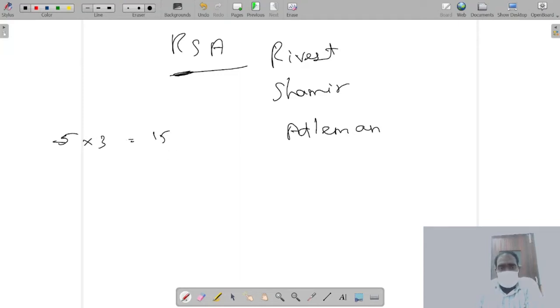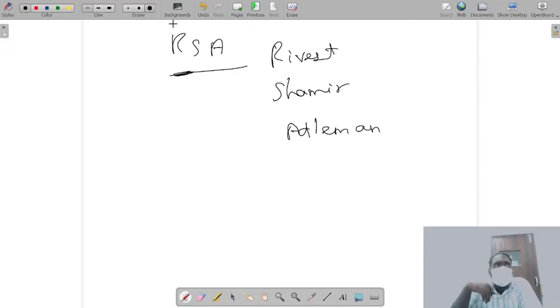But getting this 5 and 3 from 15 is really hard. This might not sound obvious because the numbers are very small, but once the numbers are in the range of hundreds of digits, multiplying two numbers is really easy, and getting back what numbers multiplied to get this number is really hard. So RSA is based on that.